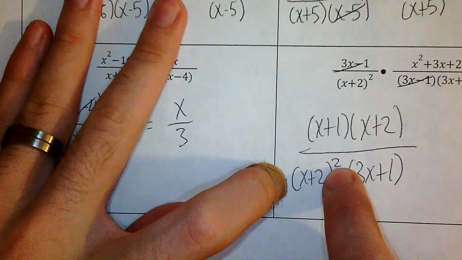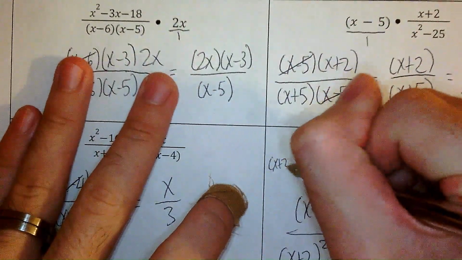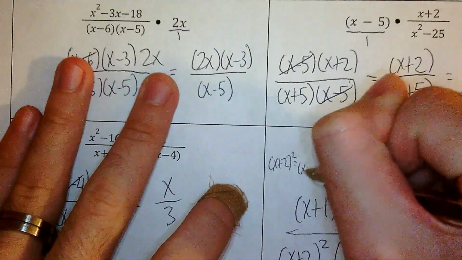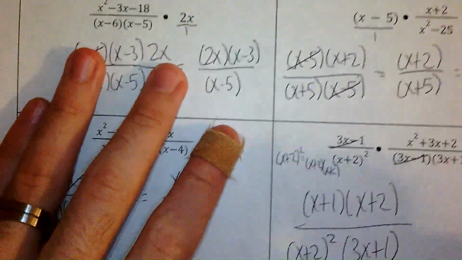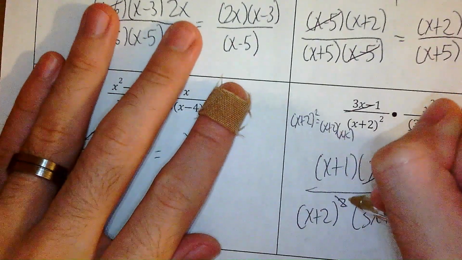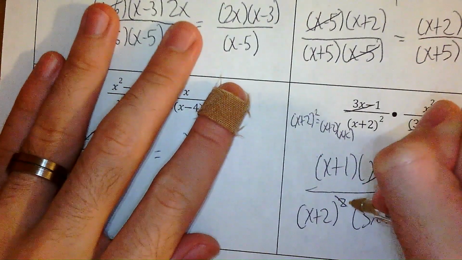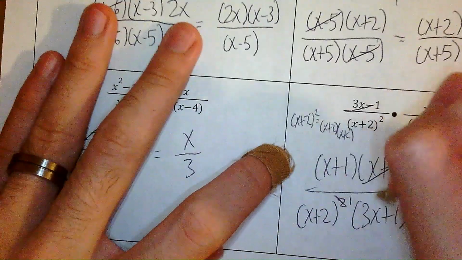Now this is squared. Take a moment to point out that x plus 2 squared is like saying x plus 2 times itself, right? There's two copies of it. So we can cross 1 out here, and we can cross out one of the copies. So we had 2, we took 1 off, now we have 1. Now our exponent to the power 1 is implicit on all of our terms.